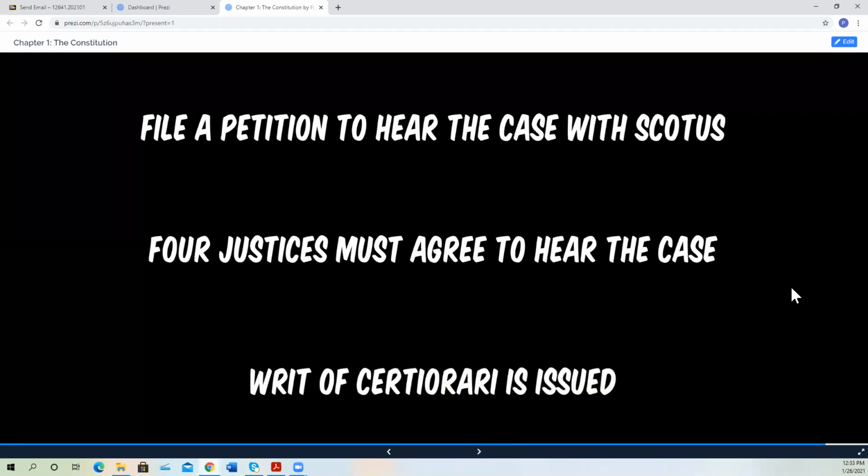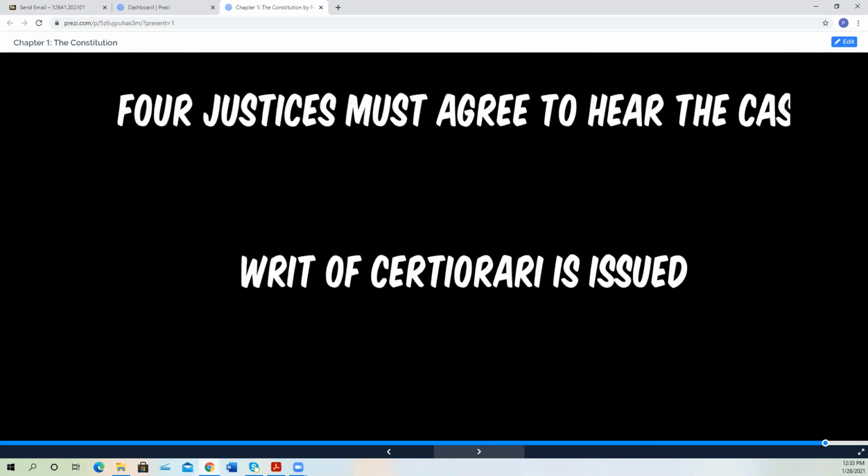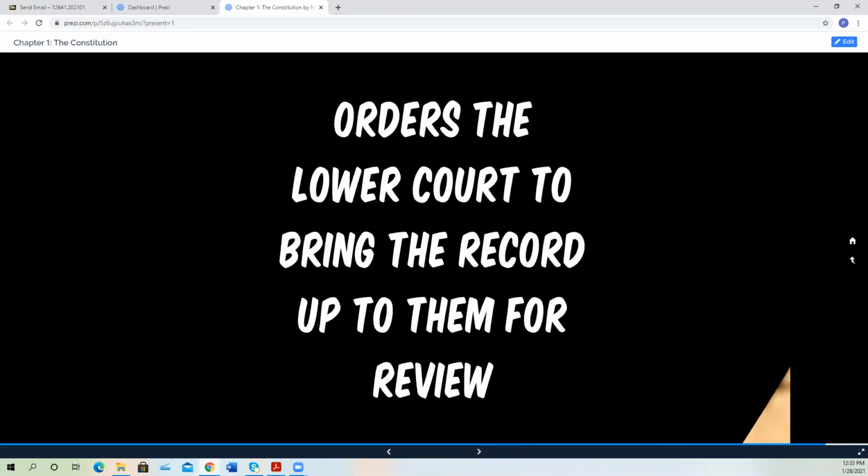If 4 justices say, yes, this is a case we're going to hear, then they issue what's called a writ of certiorari. In English, it's an order to the lower court to bring the case up to them.